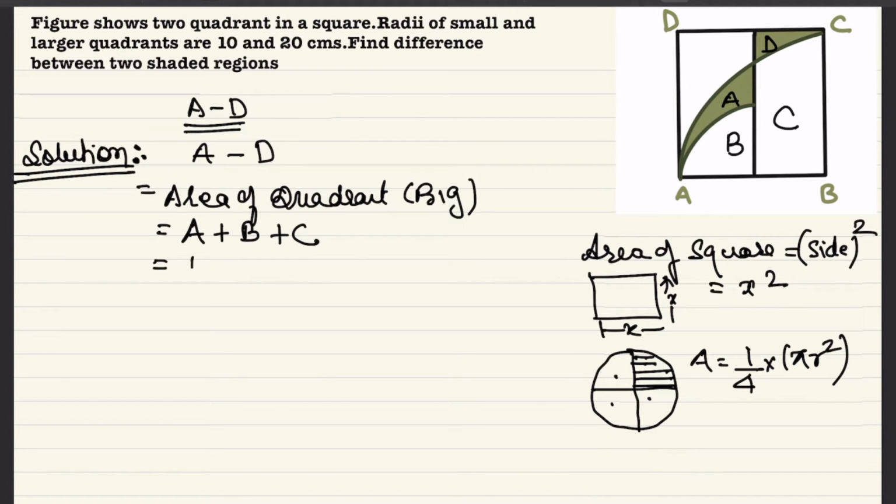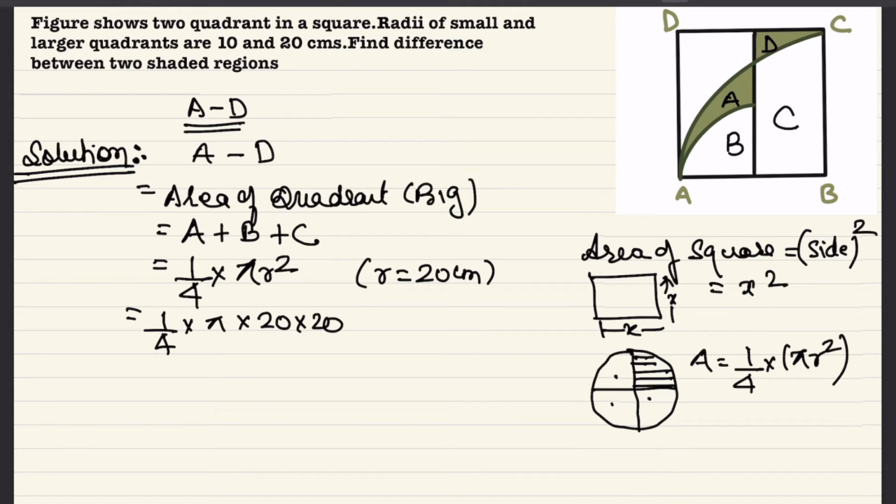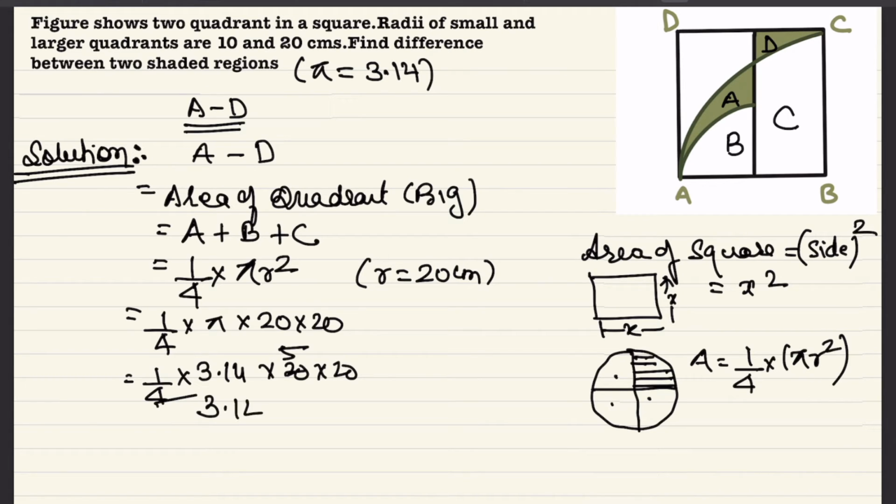So the area of the quadrant is 1/4 pi r square, which is 1/4 into pi into 20 into 20. We can use the value of pi as 3.14. So this will be 1/4 into 3.14 into 20 into 20, 4 5s are 20. So 3.14 into 100 will give you 314 centimeter square.